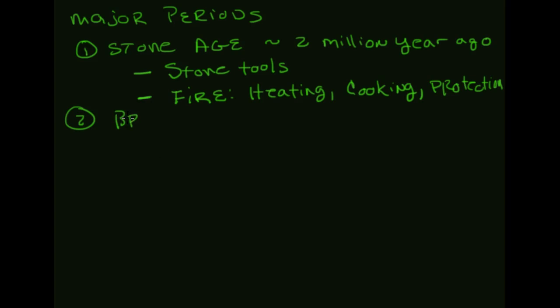The second period is what we call the Bronze Age. This is approximately 6,500 years ago. So this is much more recent. And in this age, we have the discovery of copper.